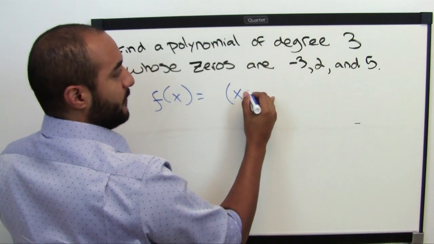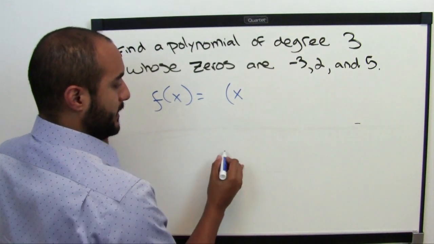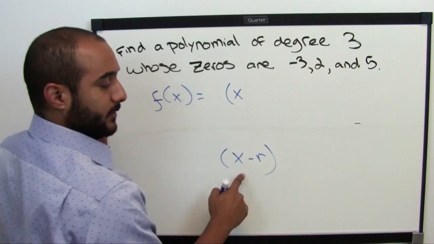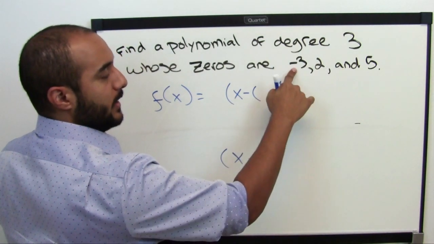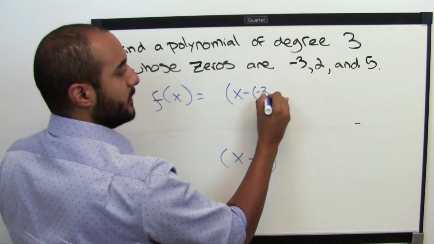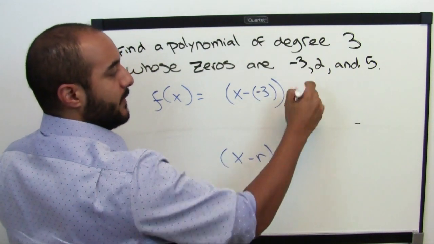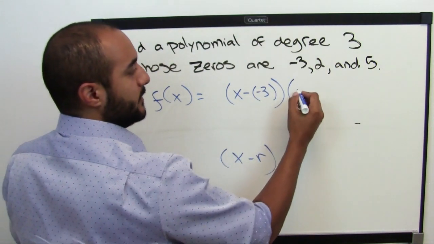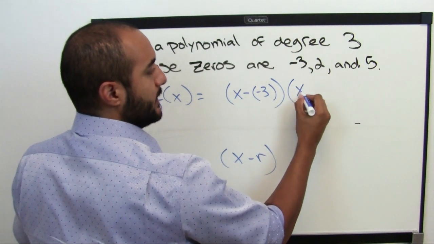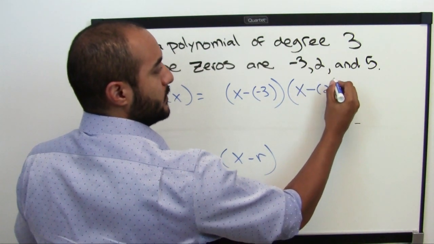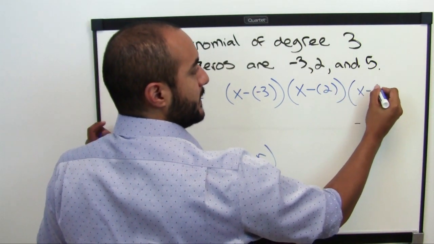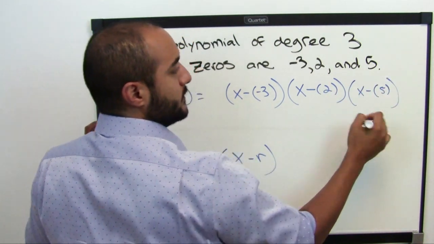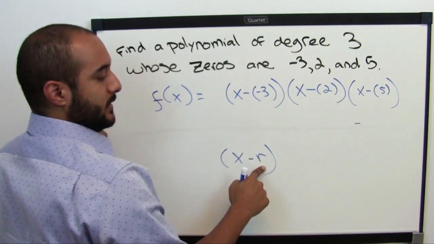I know that before it told me that it was x minus r, right? So I have to say x minus, and what's the 0 here? Negative 3. My next 0 is 2, so x minus 2. And my last one is x minus 5. So I'm just substituting my zeros in for that r.